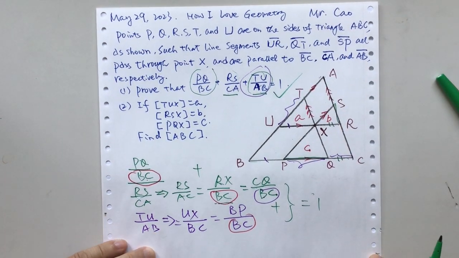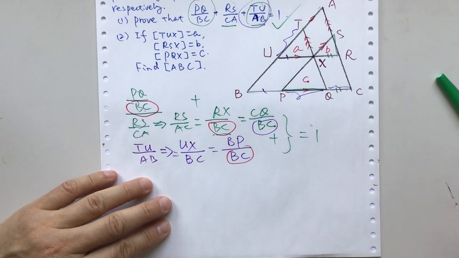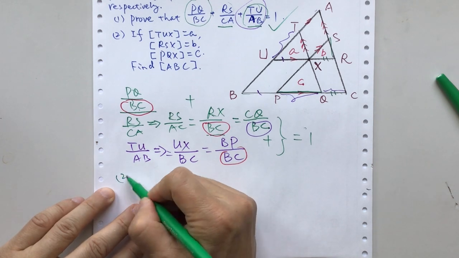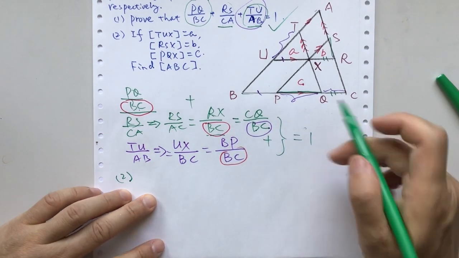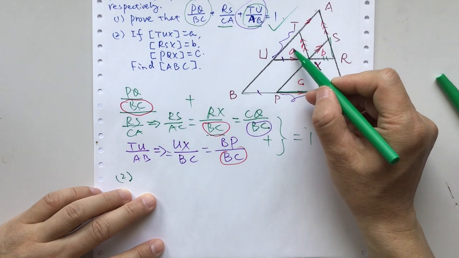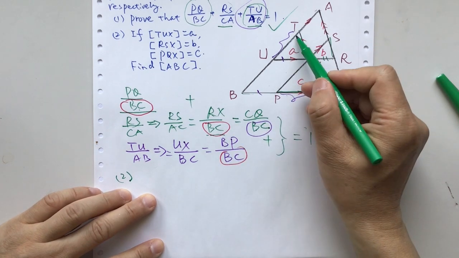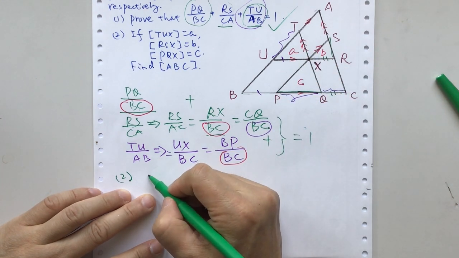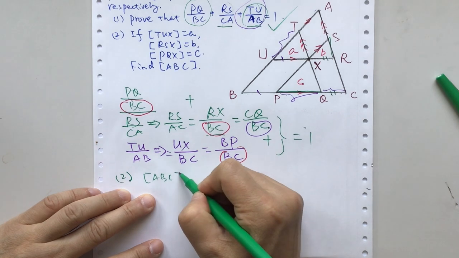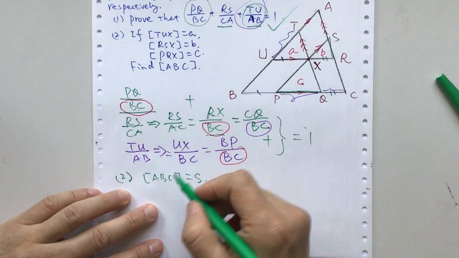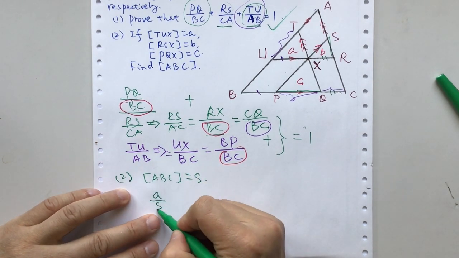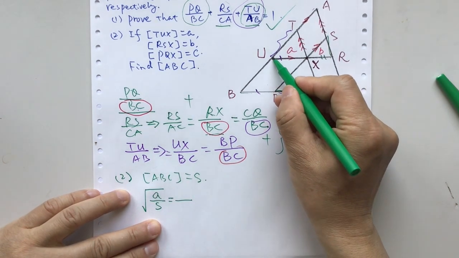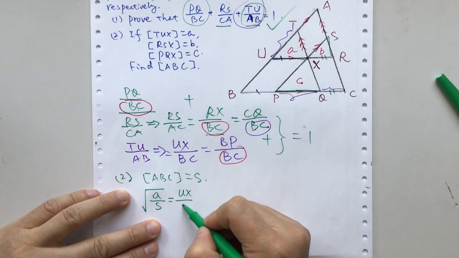Okay, let's try the second one. The second one is about the area, right? A represents the area of this small triangle. Let us suppose the area of triangle ABC is S. So we get A over S. If we take the square root of this, it equals the corresponding side UX over BC.